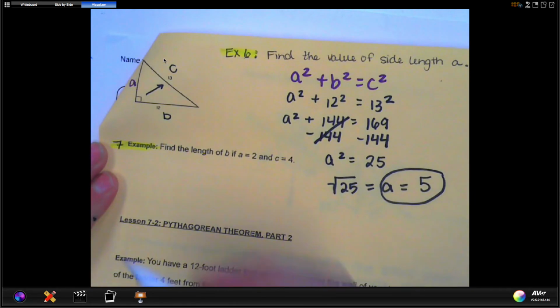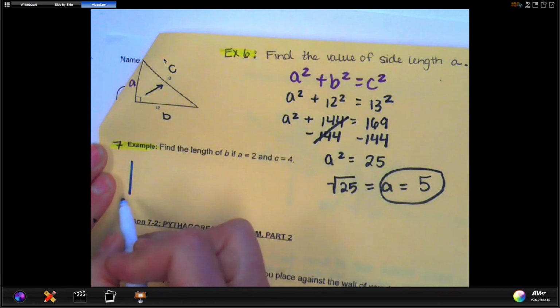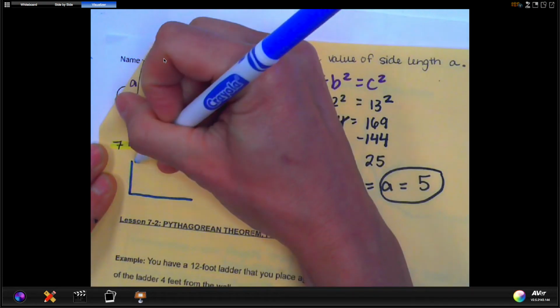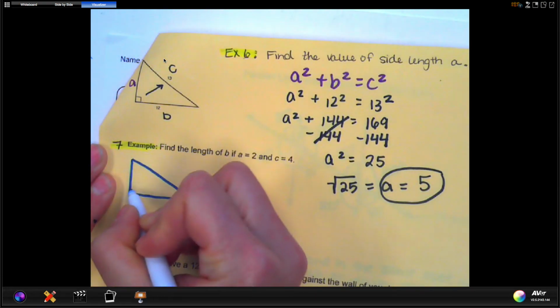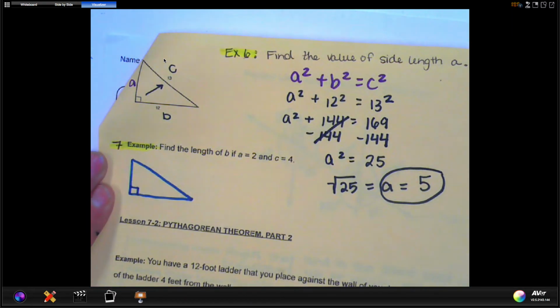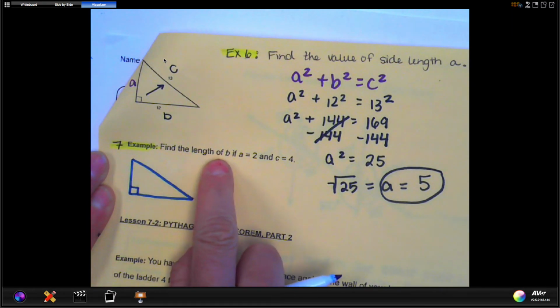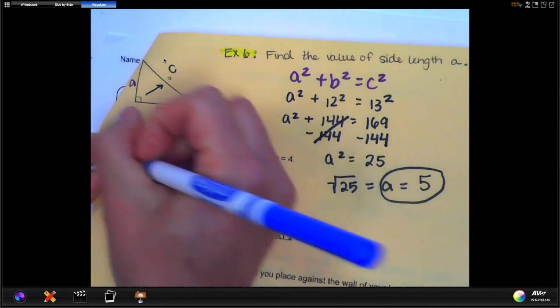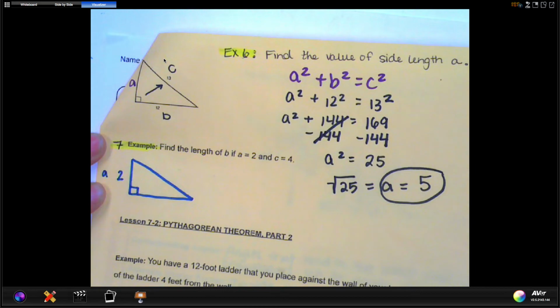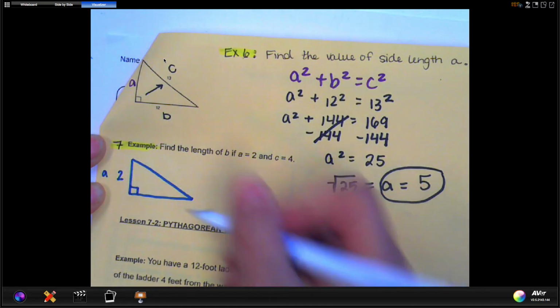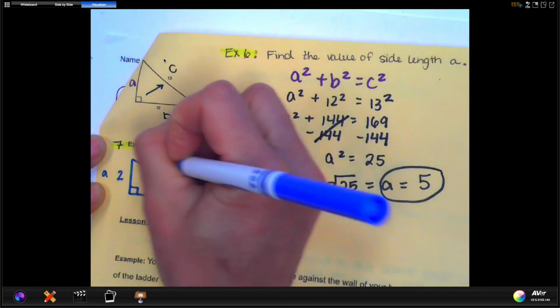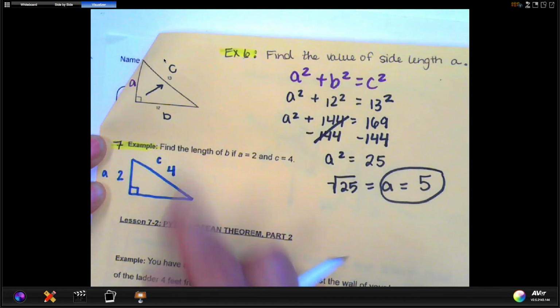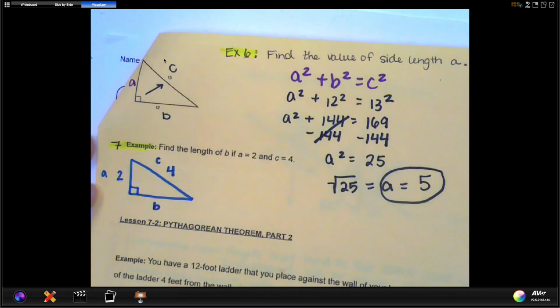Okay, let's draw a picture. So, a right triangle, not too hard to draw, okay? Do the best you can, make your right angle in there, and it says find the length of B if A equal 2, so I'm going to make my smallest side 2, and right away I'm going to label it A. And C equal 4, I'm going to make my longest side 4, and I'm going to label that C, and the one that's missing is B this time.